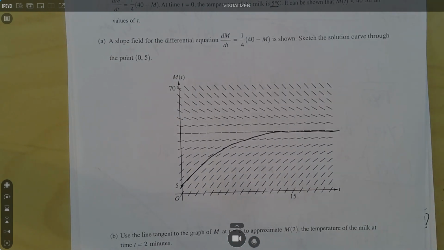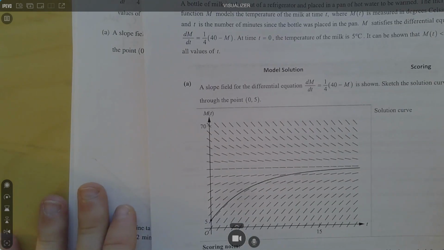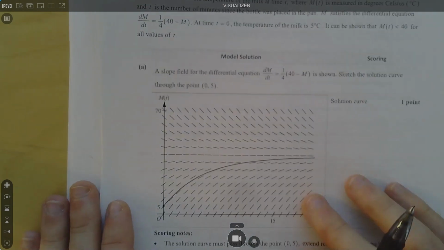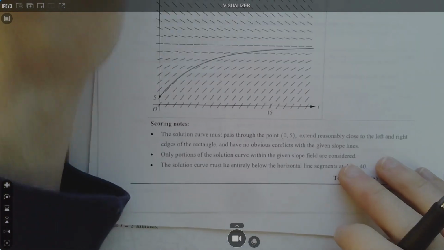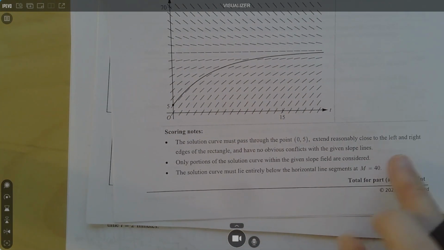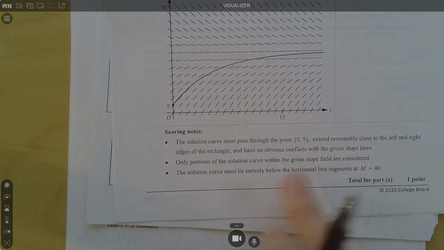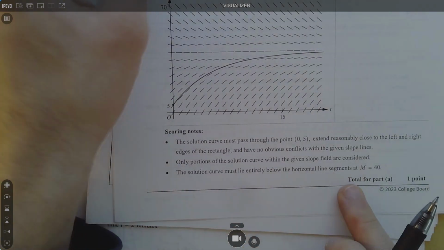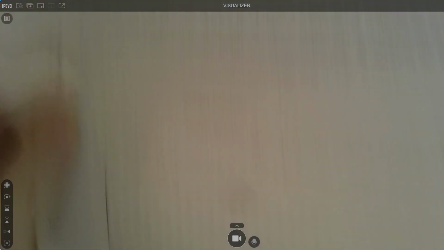Maybe I jumped the gun a little bit on the horizontal part, but if we look at the solution, they got something very similar, and they say it's got to pass through (0, 5). That's really important. Extend reasonably close to left and right. No obvious conflict. Only portions of the curve with the given slope are considered, and it must be below the horizontal line asymptote at m equals 40.